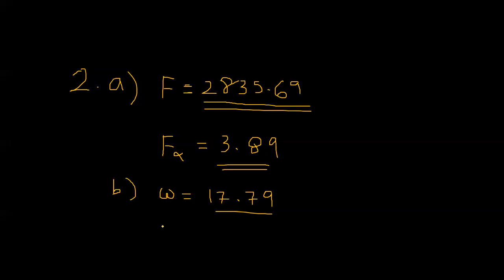Because when you do the comparison of mean differences for question 2B, all the comparison mean values are greater than the value of omega, 17.79. So please try; you must get all the comparison means greater than omega.